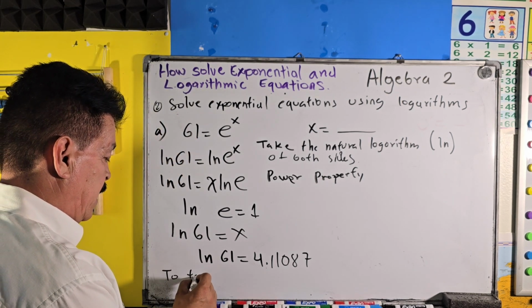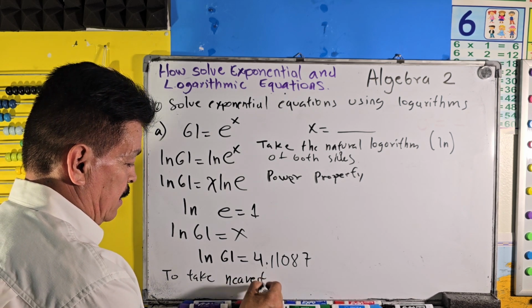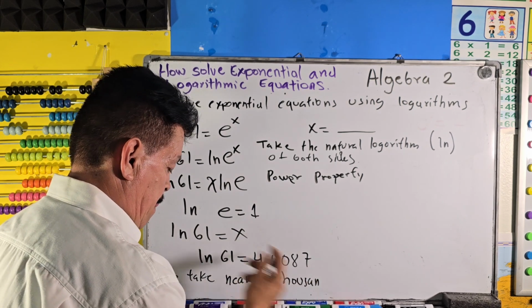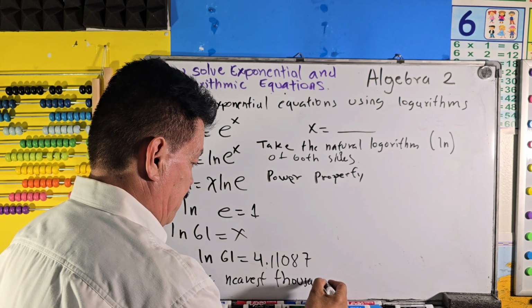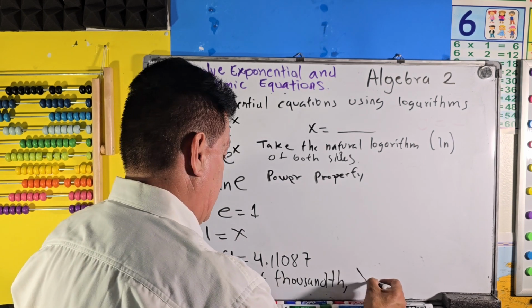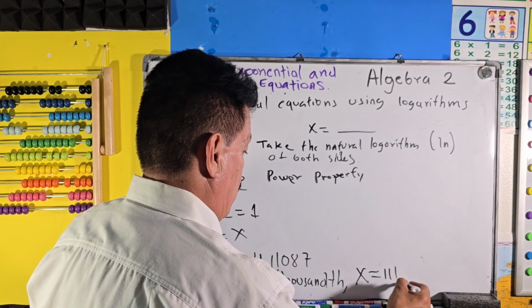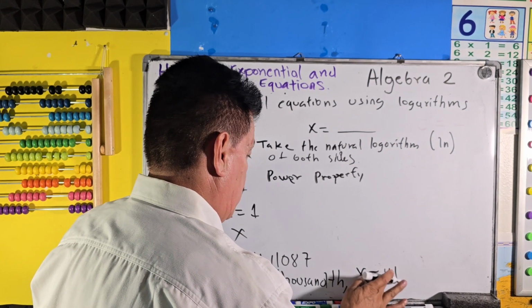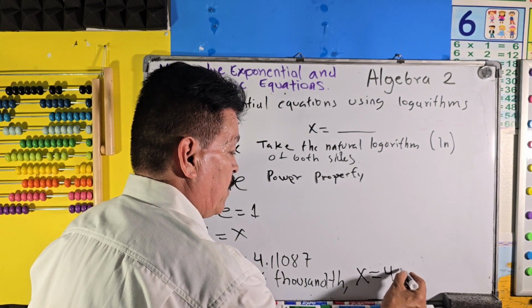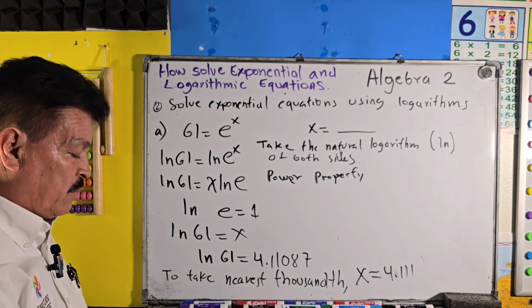I told you to take the nearest thousandth, so we will have x equals 4.111. That's the answer.